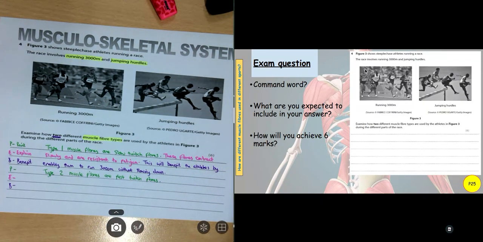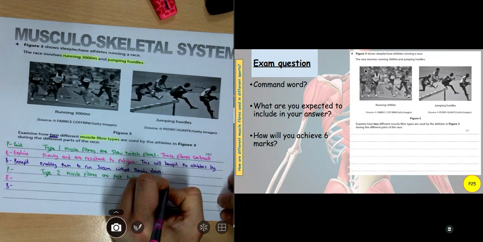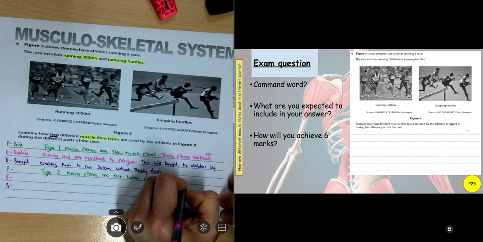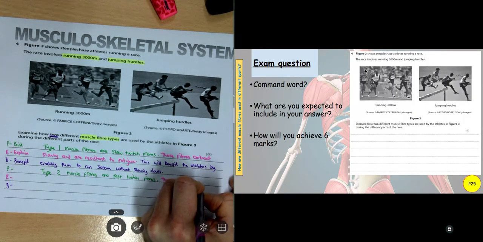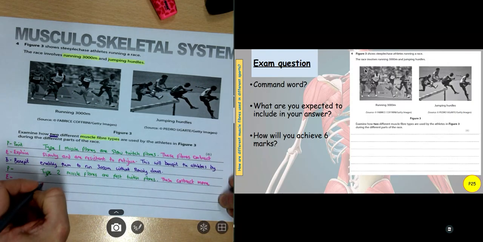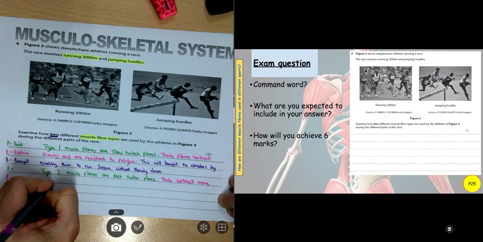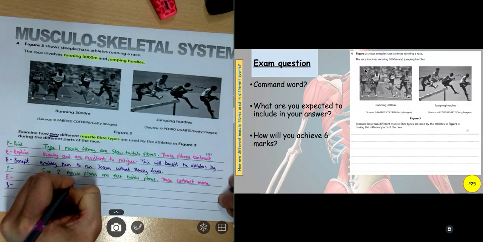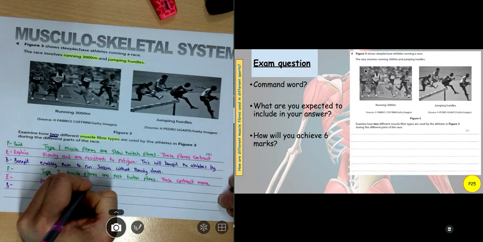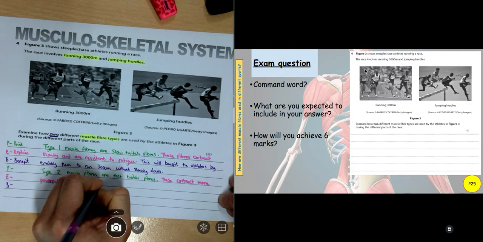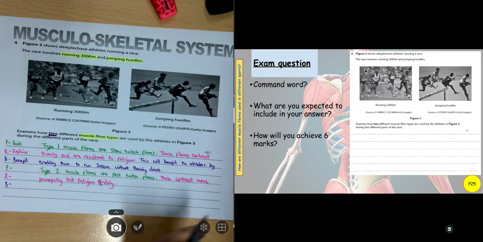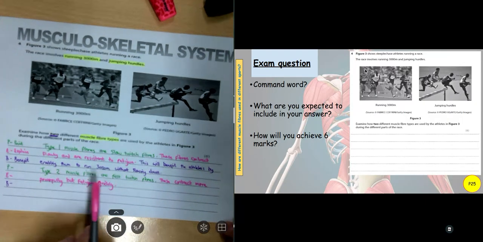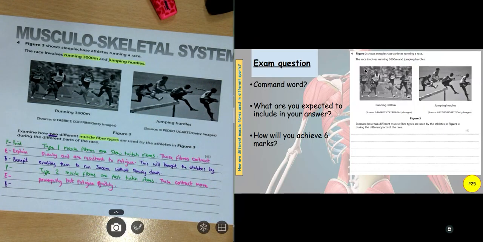Type 2 muscle fibres are fast twitch fibres. These contract more powerfully but fatigue quickly. Then how do these muscle fibres benefit the performance?